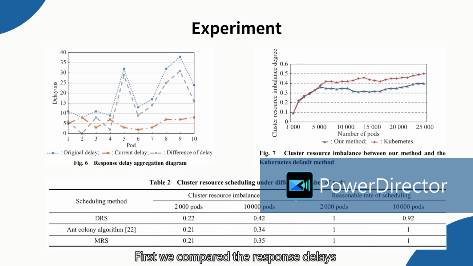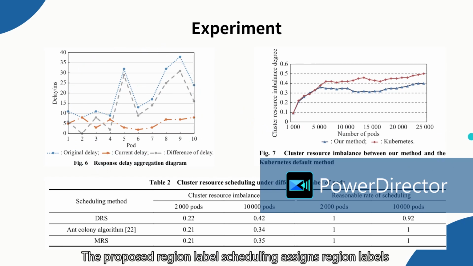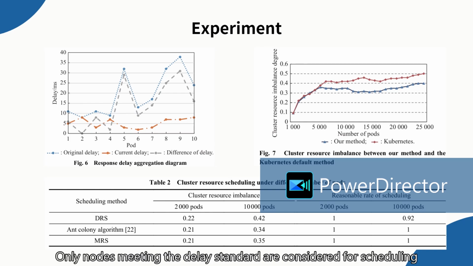First, we compared the response delays after scheduling using two strategies, as shown in Figure 6. The proposed region label scheduling assigns region labels and delay requirements to pods, filtering out nodes that exceed the delay thresholds. Only nodes meeting the delay standard are considered for scheduling.